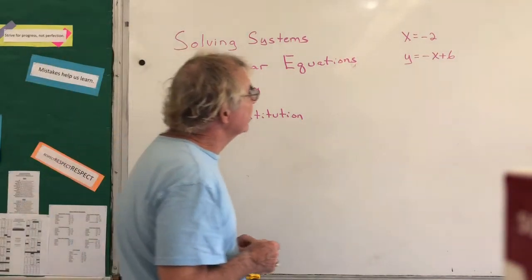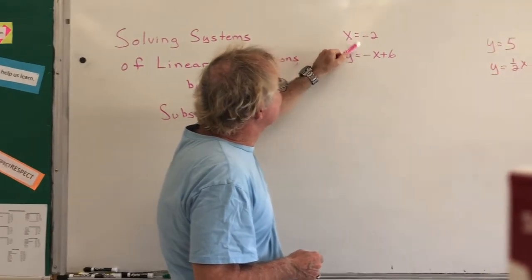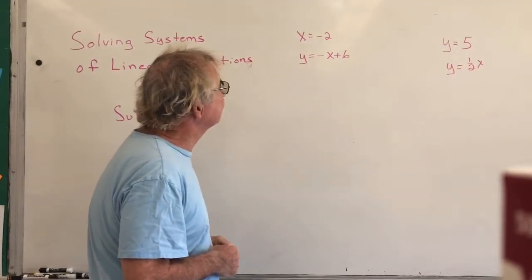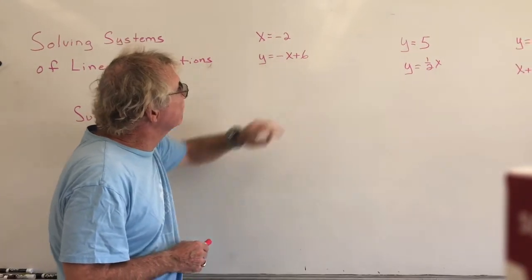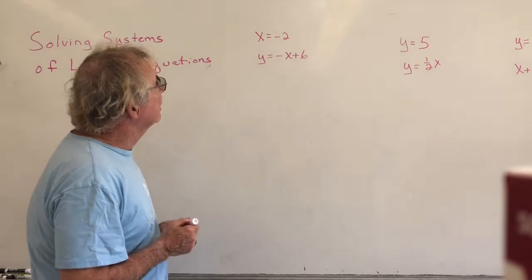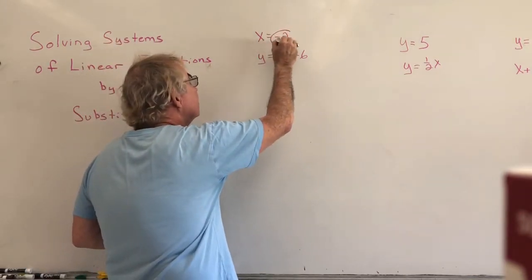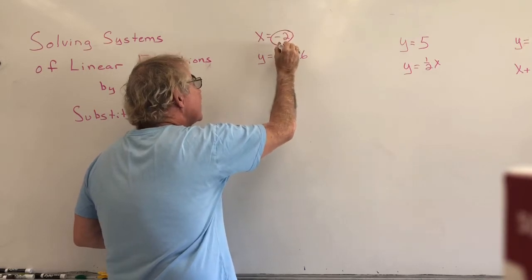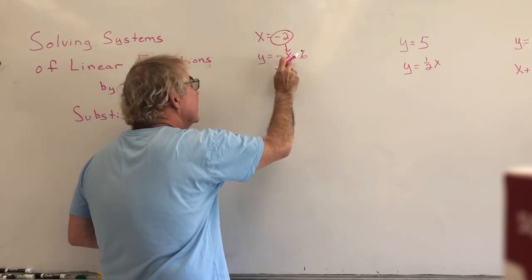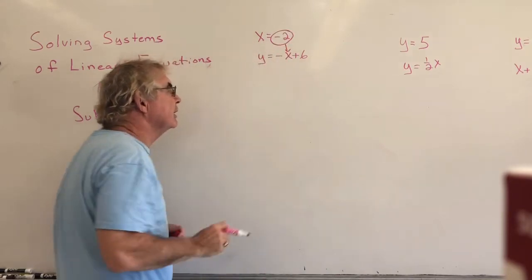So in this case, we have 2 equations. One says x is -2, and one says y is equal to -x plus 6. So what do we do? Well, since x is -2, we go to the second equation and substitute, instead of x, we write what it's equal to, -2.